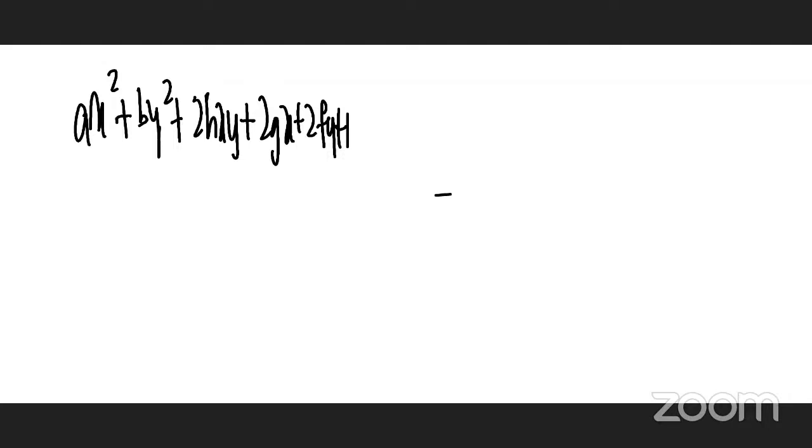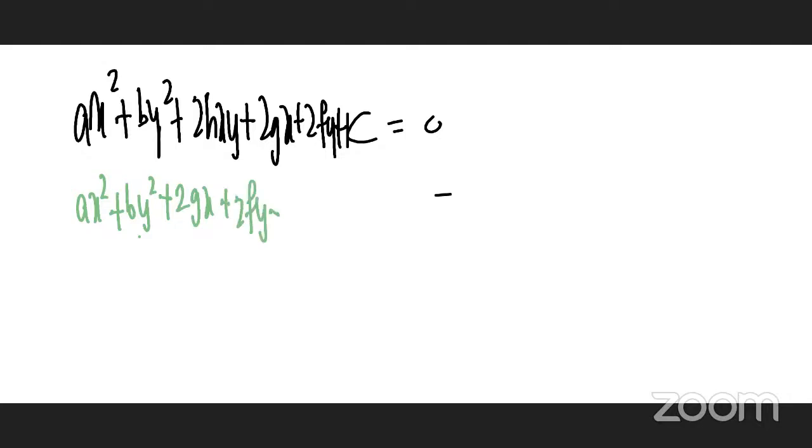Now consider the equation ax square plus by square plus 2gx plus 2fy plus c is equal to 0.